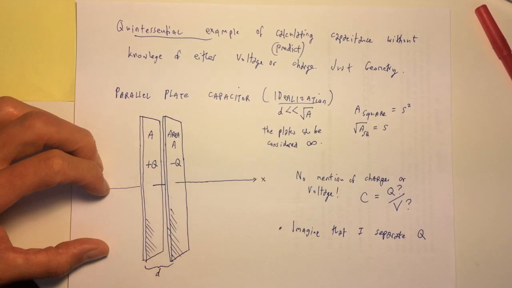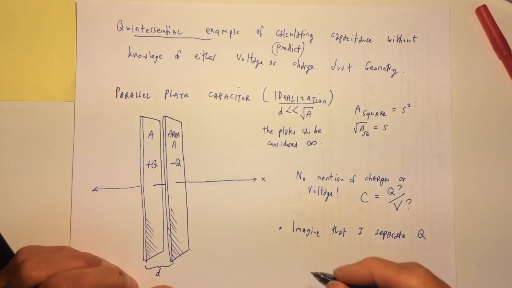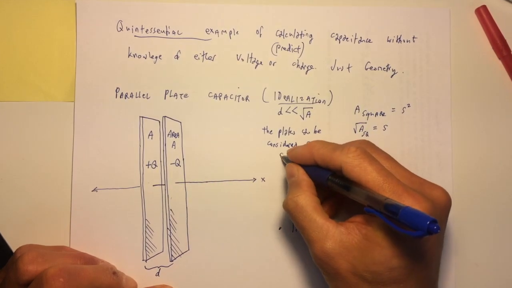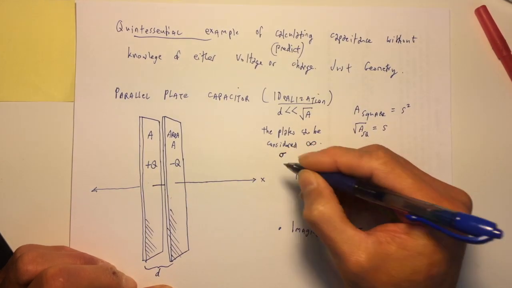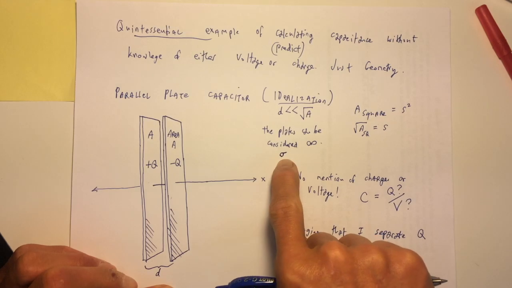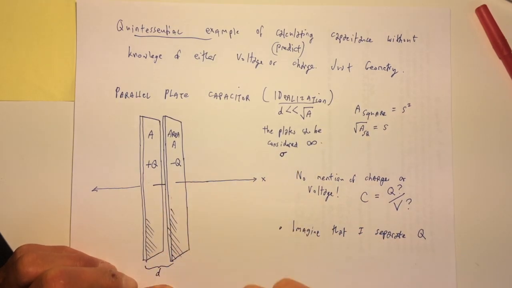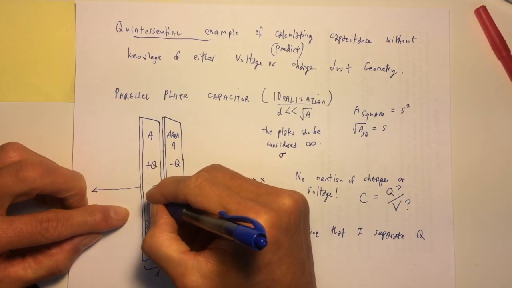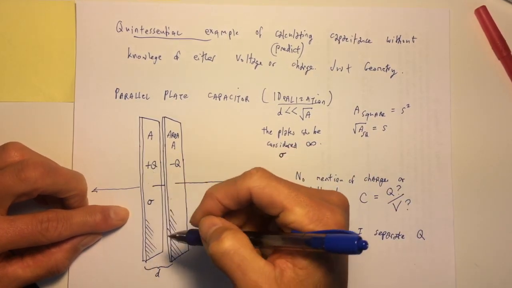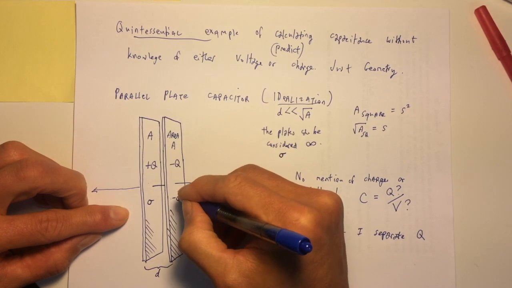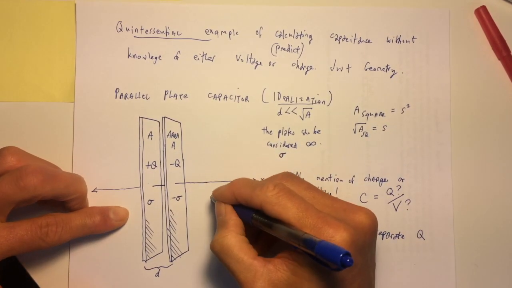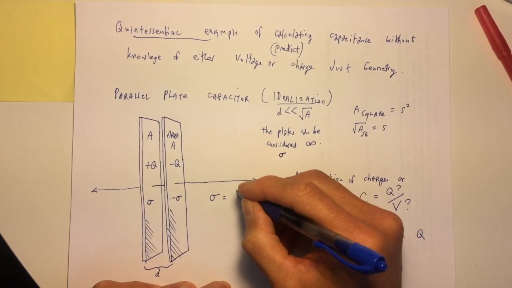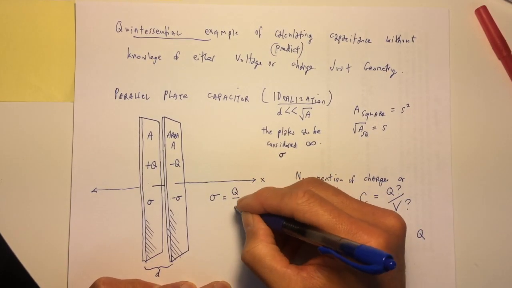So these are infinite plates, and a really nice thing is to talk about the charge density, the charge per area of the individual plates. This plate is going to have charge density sigma because it's got the positive charge, and this one's going to have negative sigma, where the surface area charge density is equal to the charge divided by the area.